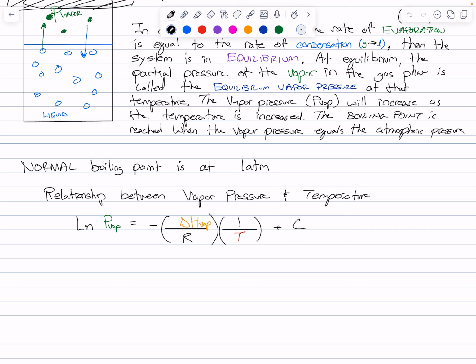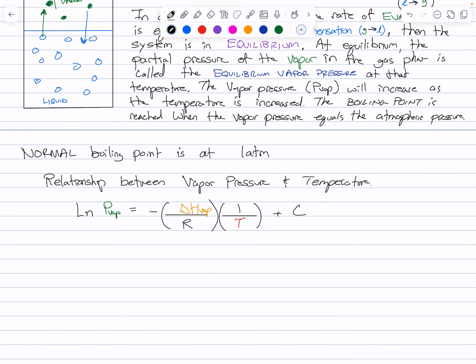Now, this is the Clapeyron equation. Hopefully I said their names right. It's an exponential relationship, as you can see.